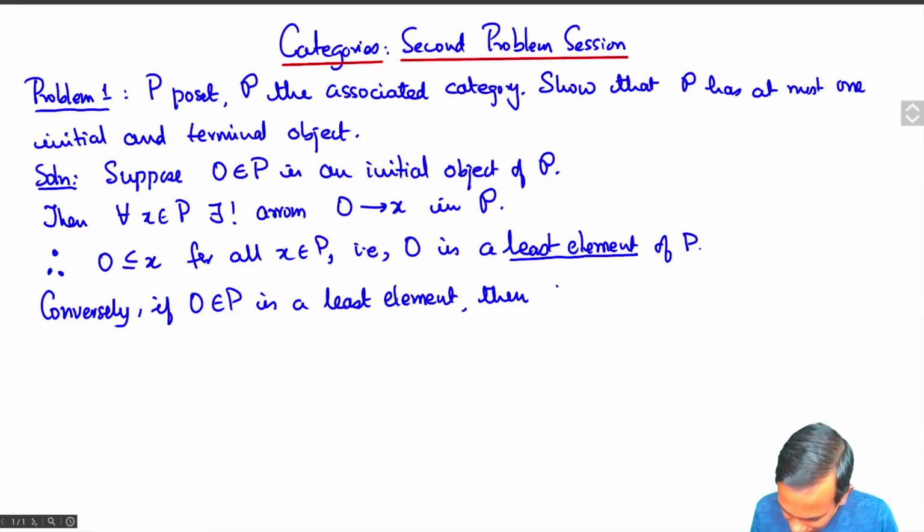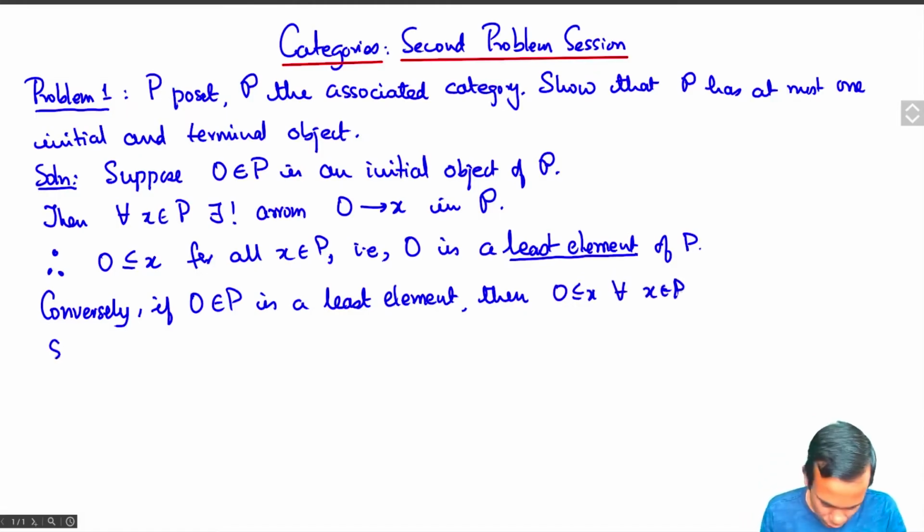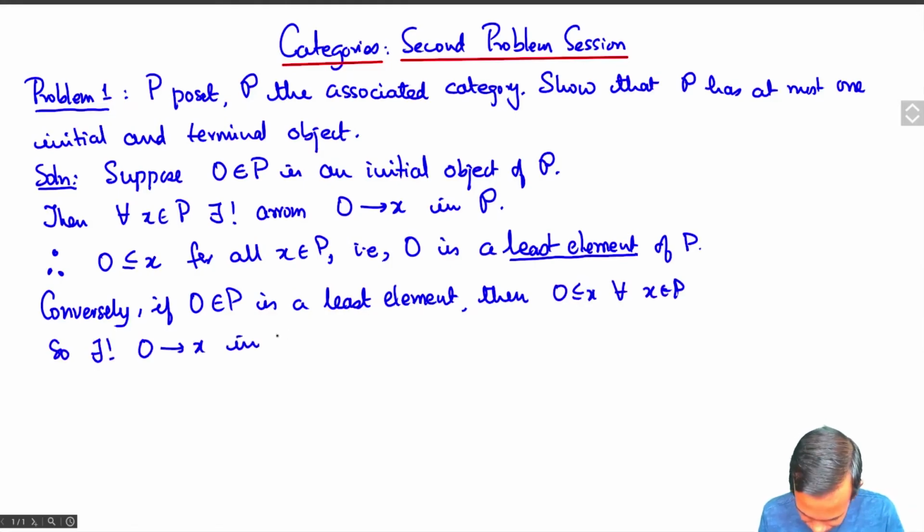So 0 is less than or equal to x for all x in P, and so there exists a unique arrow 0 to x in P. Therefore, initial objects in the category script P are precisely the least elements of the poset P.